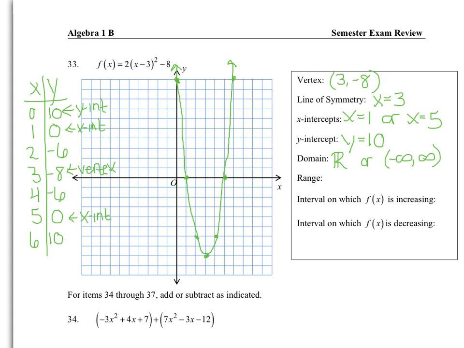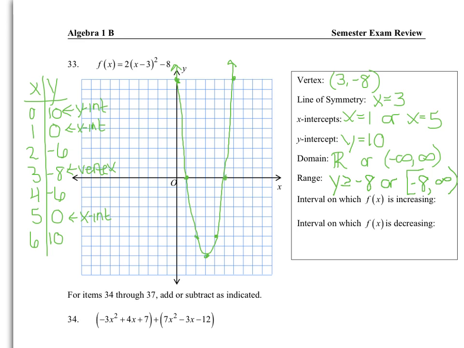Our range is all of the y values that are on this graph, so everything from -8 and up. So y is going to be greater than or equal to -8, or -8 inclusive, so the bracket, to infinity, exclusive because we do not include it.